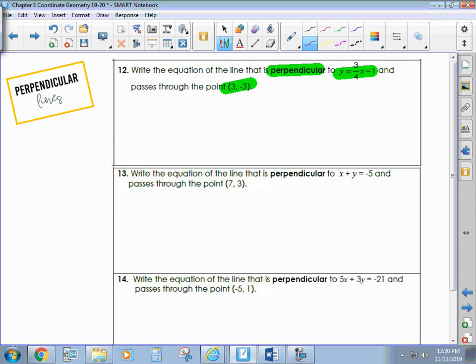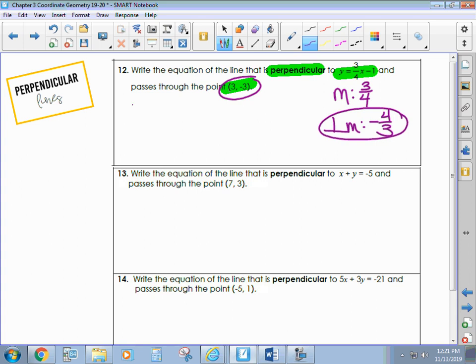Negative reciprocal. Great. Change the sign and flip the fraction. Do you know the slope of the line I gave you? This slope is 3 over 4, correct? What would a perpendicular slope be? Negative 4/3. Okay, do you know your new slope? Do you know your point? Can you write your answer?